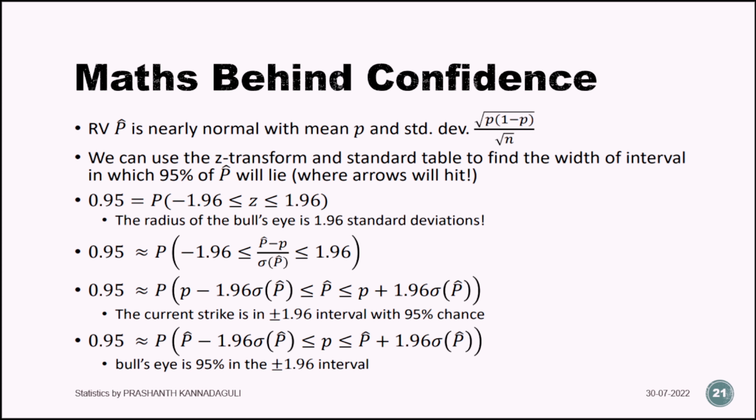I'll give you just 5 seconds to think about what this z is. The name says applying the z transform, standard table, nothing to worry about. So I have a normal distribution, and in order to do the manual calculation, I need to shift it to the center so that the mean lies along the y-axis, the mean becomes 0 and sigma becomes equal to 1. We are trying to do this with respect to the random variable p cap.